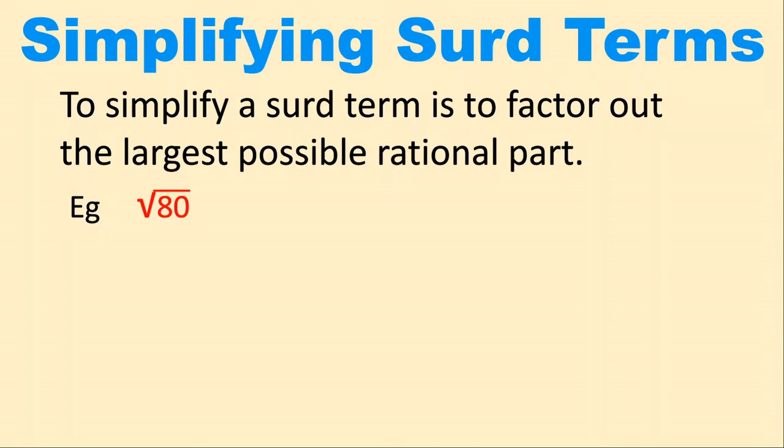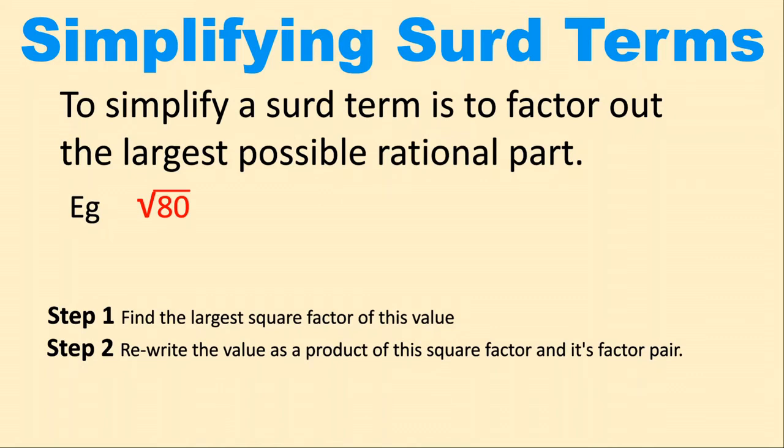However, the square root of 80 can be simplified. There are some factors of 80 which are square numbers. So step 1 is to find the largest square factor of this value. Step 2 is to rewrite the value as a product of this square factor and its factor pair. So 80 is the same thing as 16, which is a square number, multiplied by 5.